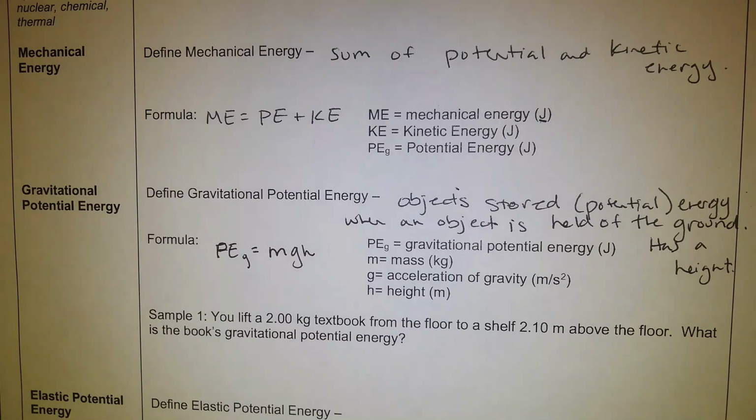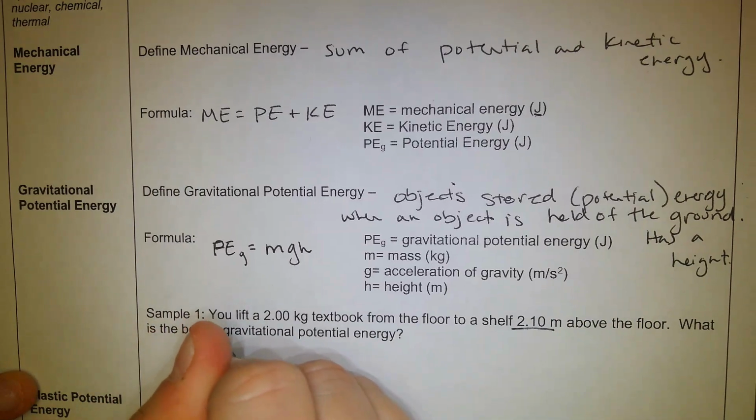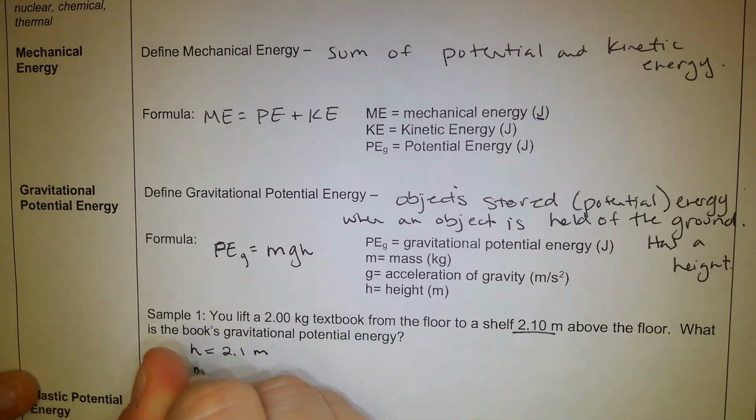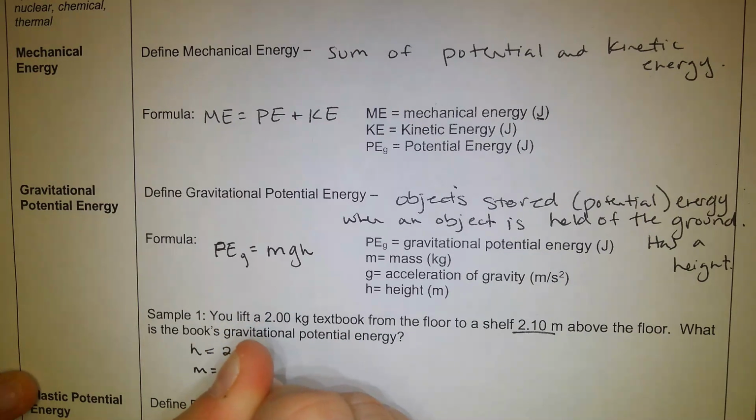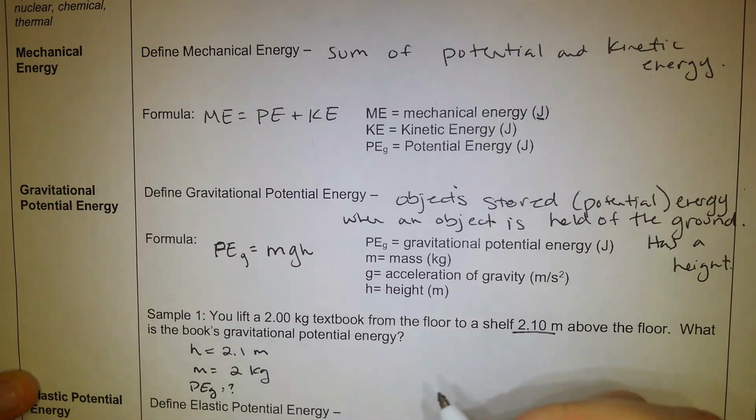All right, so for example, you lift a 2 kilogram textbook from the floor to a shelf 2.10 meters above the floor. What is the book's gravitational potential energy? So once it is lifted, once it has a height of 2.1 meters, it also has a mass of 2 kilograms. We want to know what is the gravitational potential energy.